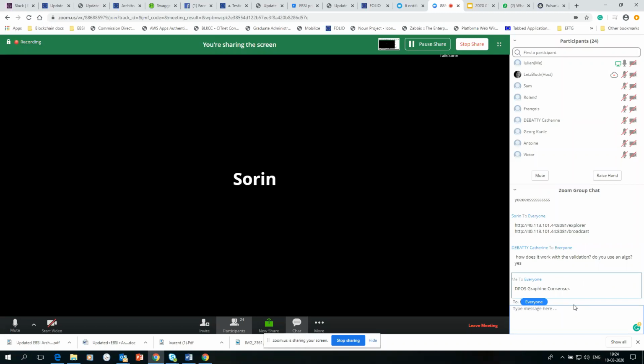Graphene is with the E, not with the I. As Wim has mentioned previously, and Julian as well, we do not reinvent the wheel. Let's say 90% of the code is inherited from Steem.